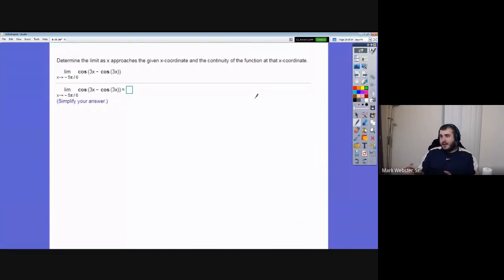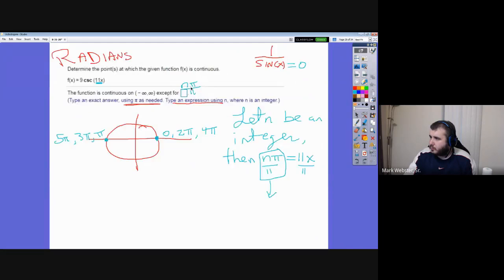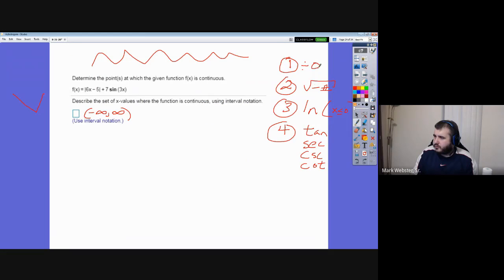Now here we've got a limit, and we need to know, first of all, continuity. Let's start with continuity. Do we have any of those problems from earlier? It was a cosine, right? It's all cosines.